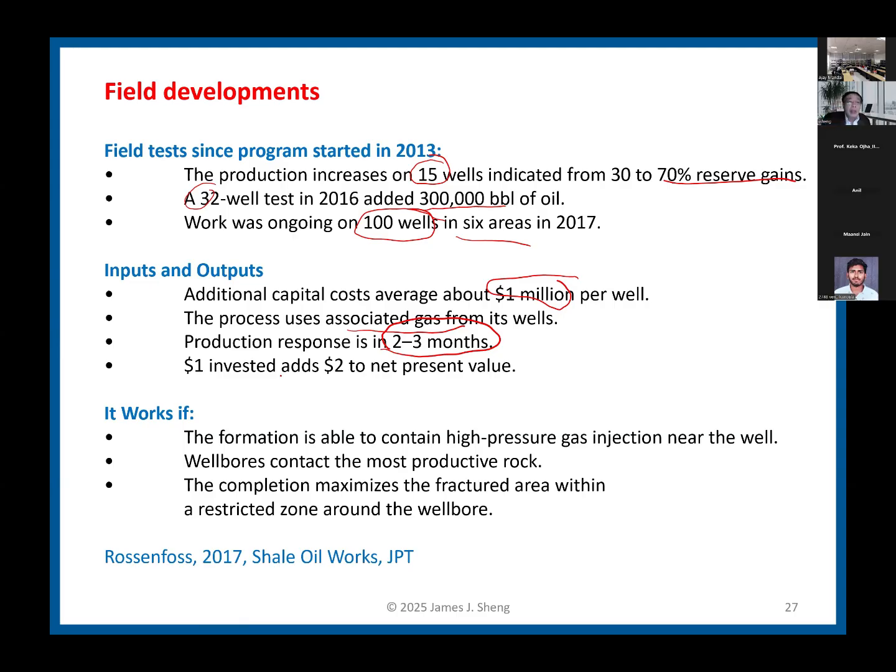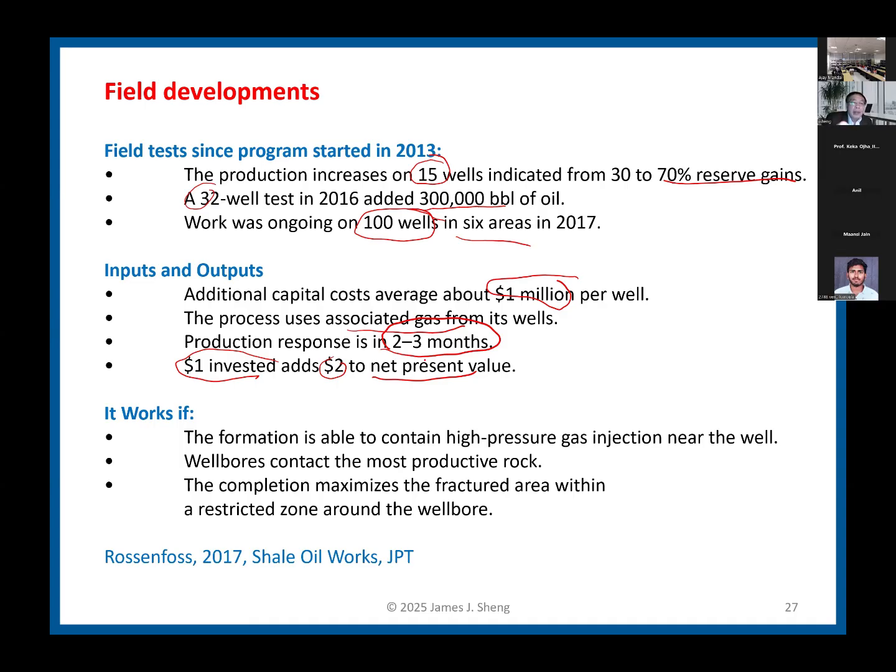So what is the economics? You invest $1 and get $2 net present income. So it looks like its return is 100%. Okay.